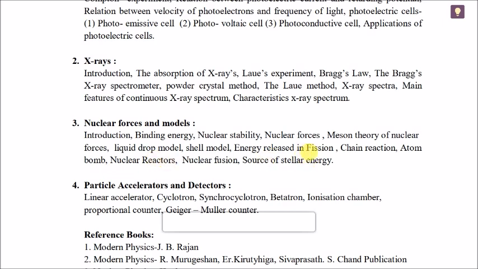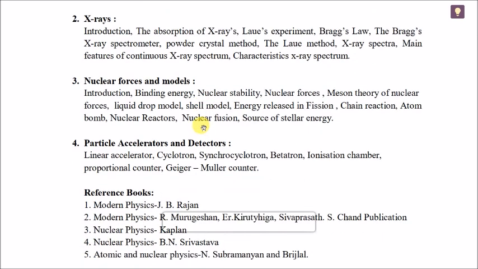These are examples of the nuclear reaction called the nuclear fission reaction. After that we have nuclear fusion. This is again a nuclear reaction, for which the example is the source of stellar energy, that is, energy obtained from various stars, which is due to the nuclear fusion process. So that is all about nuclear forces and models. This is the third chapter of this paper.